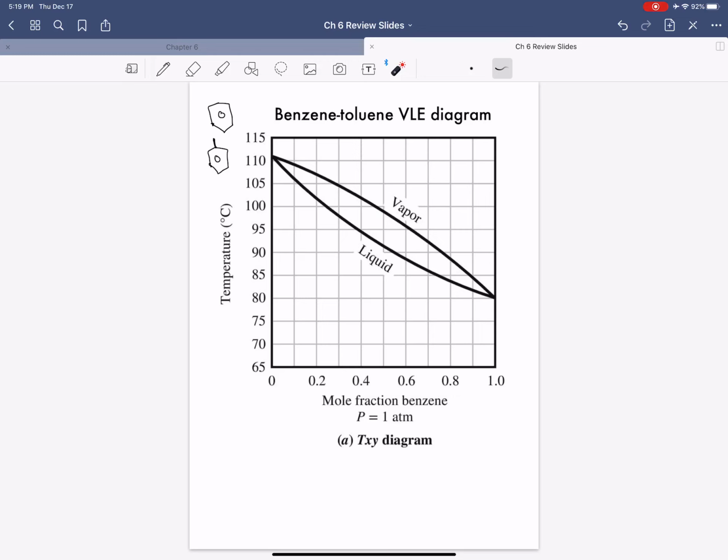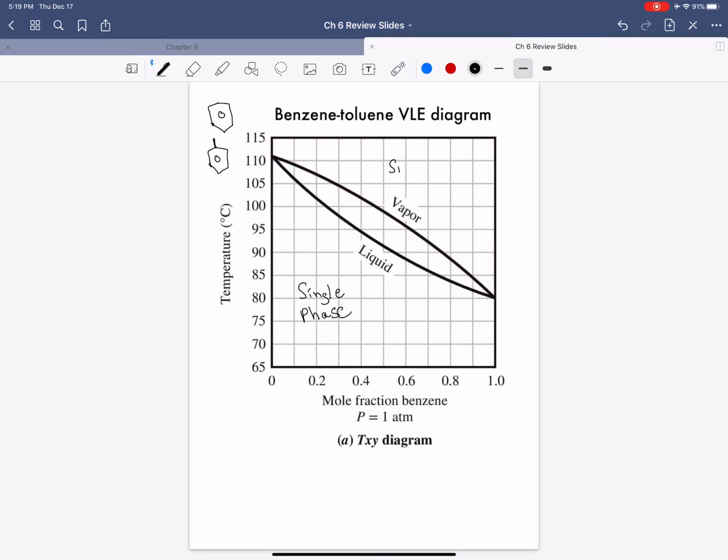And so the way to interpret them is you could see that there's a sort of two black lines here, right? Below the bottom line, everything in this part of the VLE diagram is a liquid. So everything here is a single phase. Everything above the top line is a vapor.